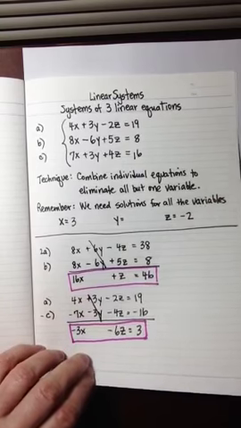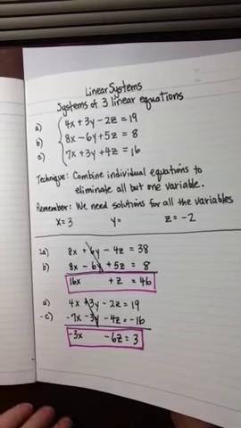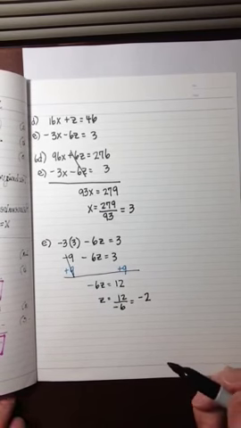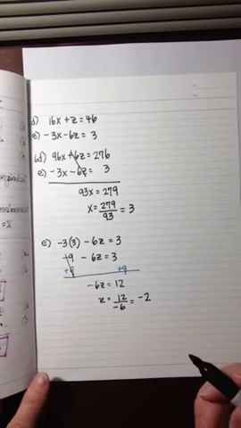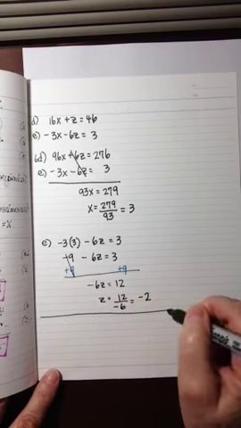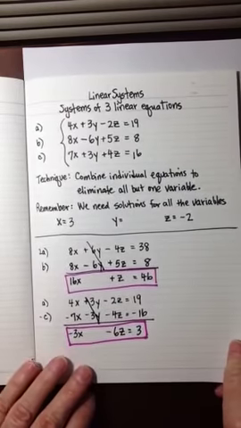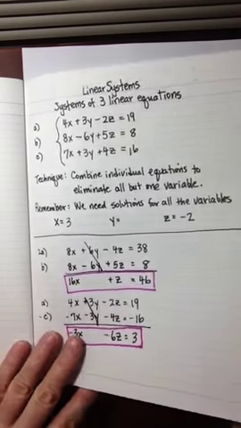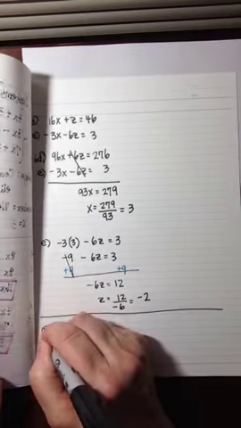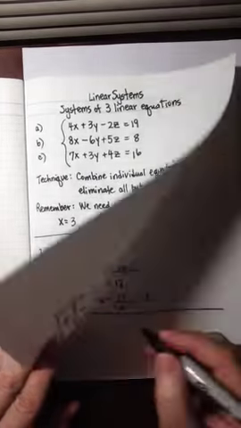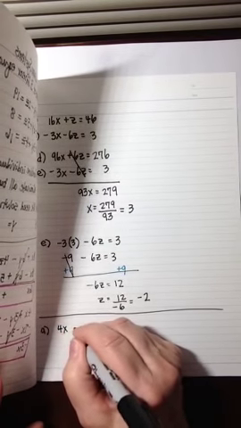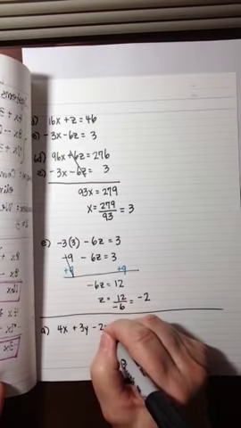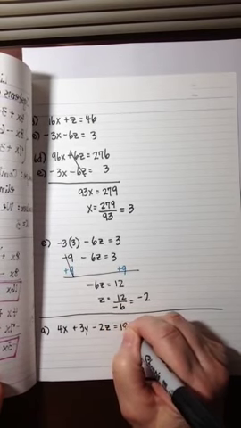Please be careful to keep your values for x, y, and z separate. Now that we have a value for x and a value for z, we can use any of our original equations to find a value for y. Let's look at them and see which one looks nice. I think the first one looks nice, so we'll use A. And A was 4x plus 3y minus 2z equals 19.